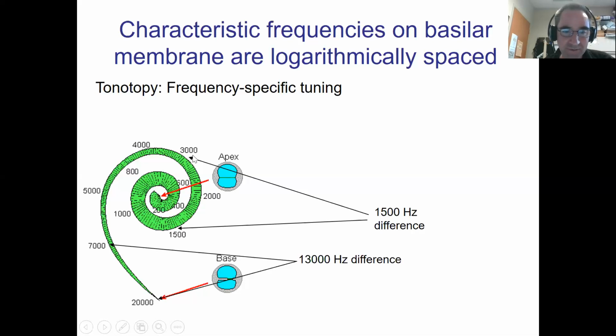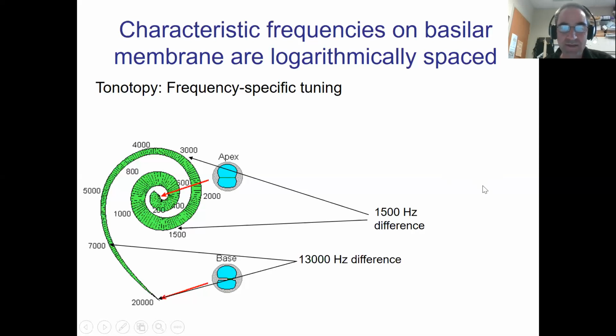But about the same distance up near the apex is only a 1,500 cycles per second difference. And so we'll see later that this means the map of frequency is not a linear map: high frequencies are scrunched together and low frequencies are more spread out. And that's the way the frequency tuning goes.